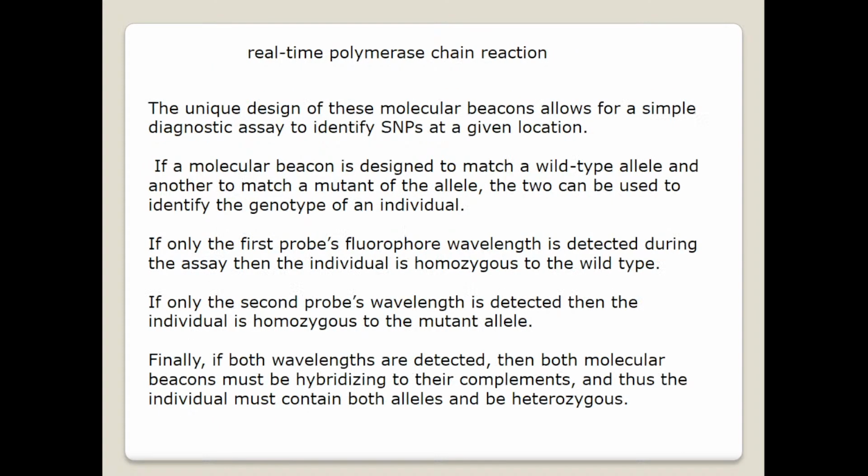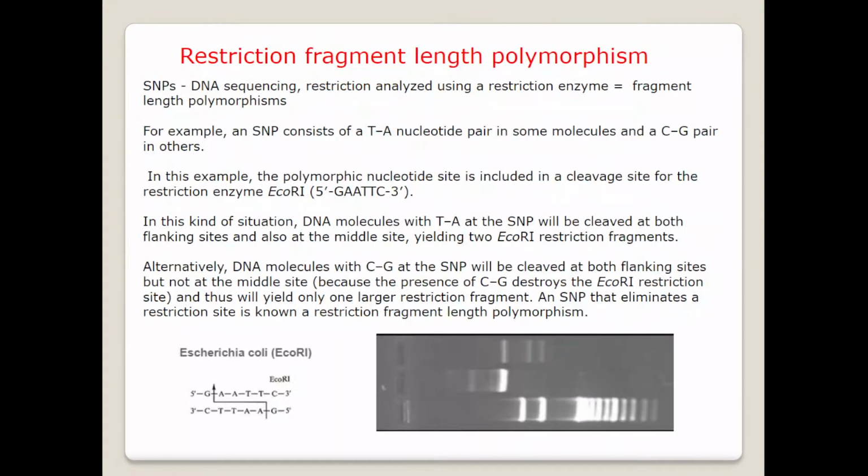The methods by which we can determine this polymorphism are based on genetic molecular biology methods. It is real-time polymerase chain reaction. It is polymerase chain reaction with electrophoresis restriction analysis, which we saw before in the pictures. It is electrophoresis after polymerase chain reaction.